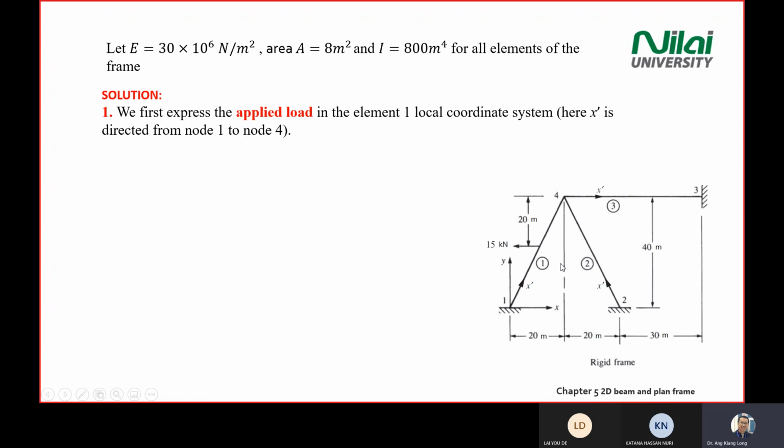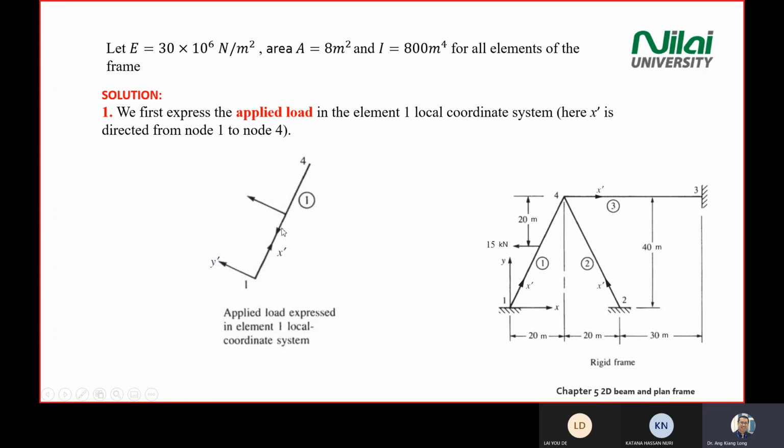So first, we look at the applied load on element 1. If we enlarge the element 1 forces and draw the element axes, y prime and x prime, you will see that x prime is going in this direction, y prime is going in this direction.